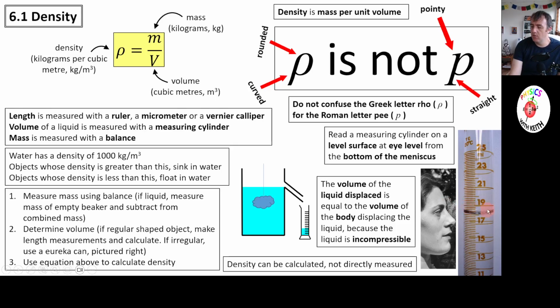But usually we're interested in something like water or some solution where water is the solvent, and you end up with the meniscus curving down. We measure from the bottom of the meniscus, at eye level. And that's all I'll say about that. So that was lesson number 31.